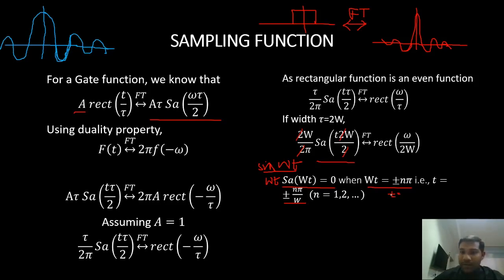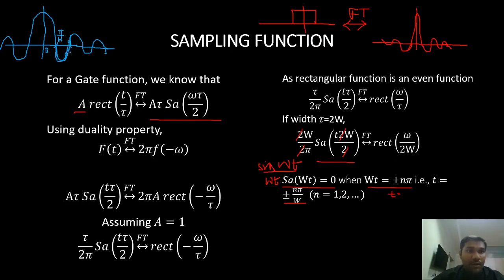So at t equal to plus or minus n pi by w, my sampling function crosses the x-axis. When n is equal to 1, it is pi by w.